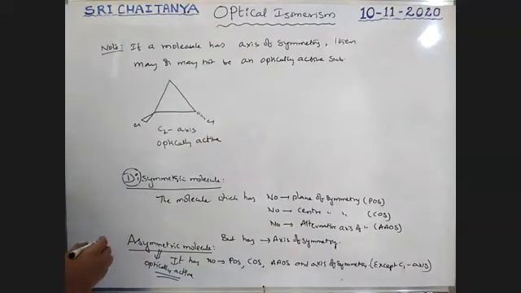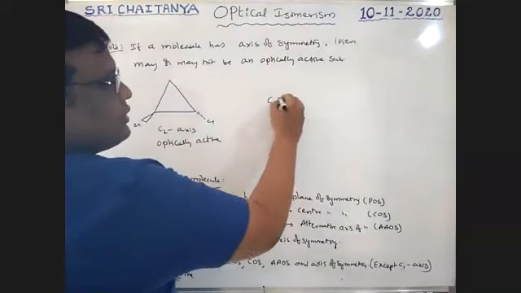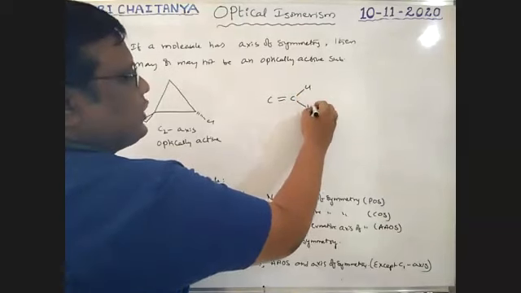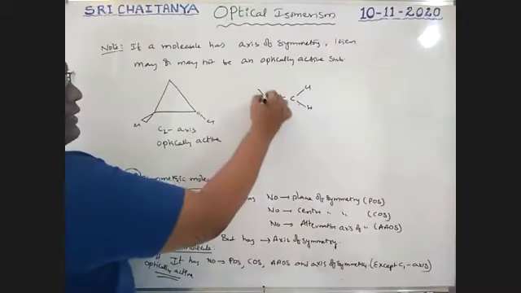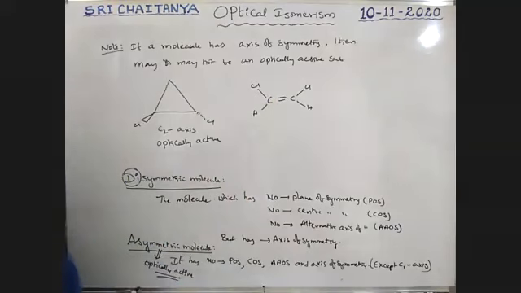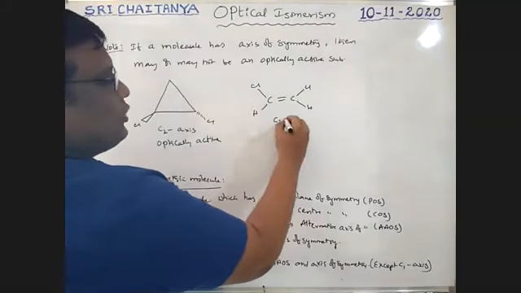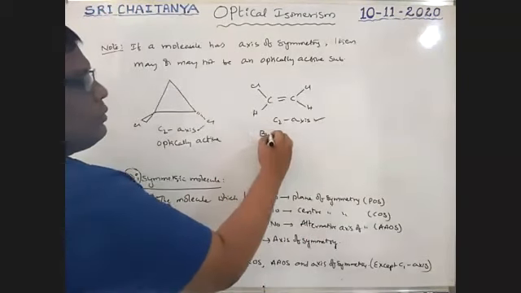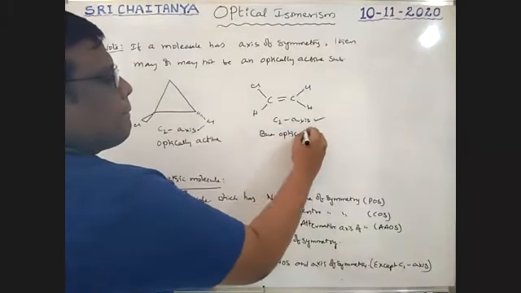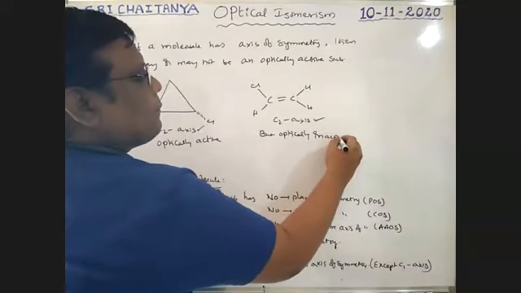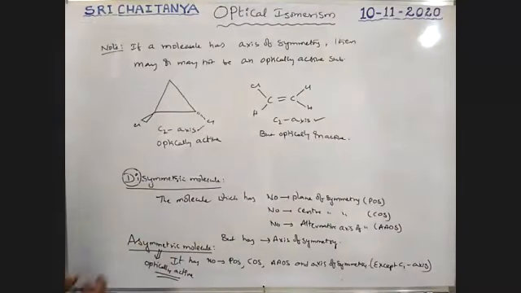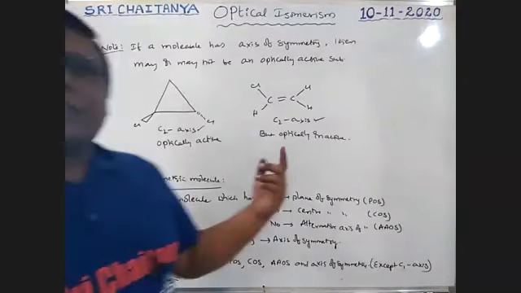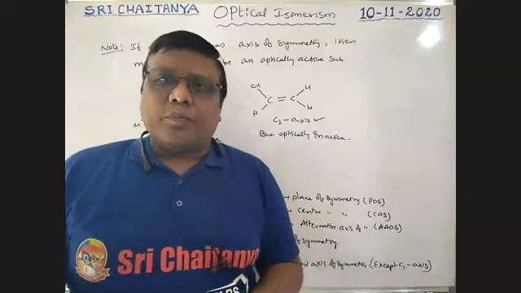Now C double bond C, with Cl and H. It also has a C2 axis, but it is optically inactive. That means it cannot rotate plane polarized light, boys. So what is this C2 axis? I will explain tomorrow, boys.